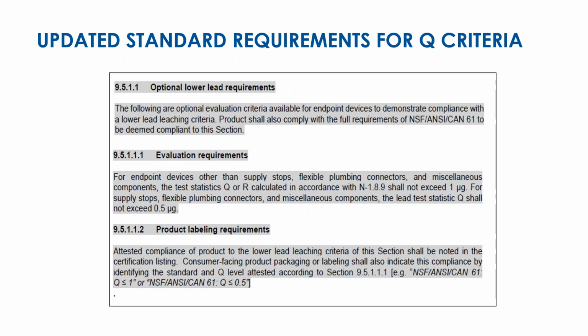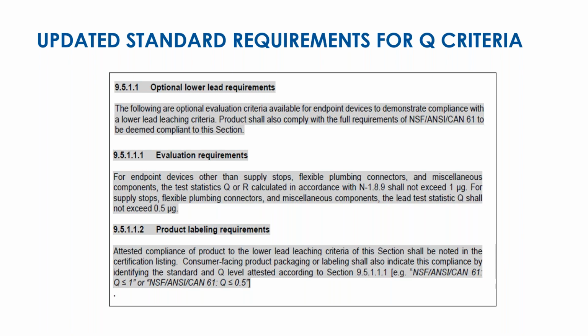So last spring, the Joint Committee and the Council of Public Health Consultants approved changes to the Q criterion in NSF 61. These changes were subsequently published in the 2020 version of NSF 61 in August of 2020. The updates to the standard occur across 2 different sections of the standard.